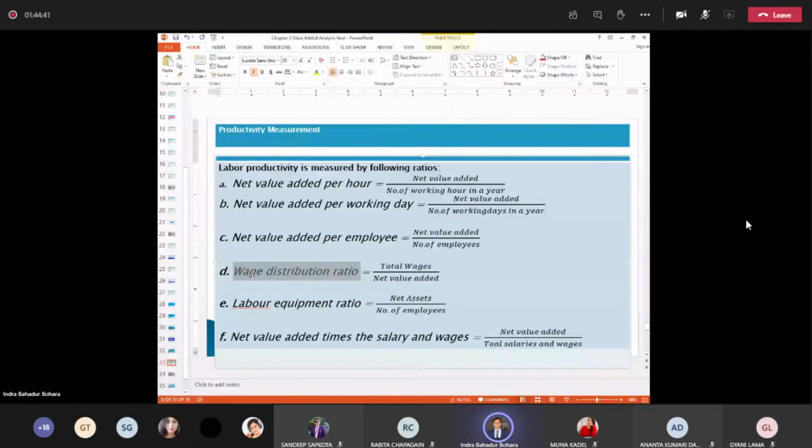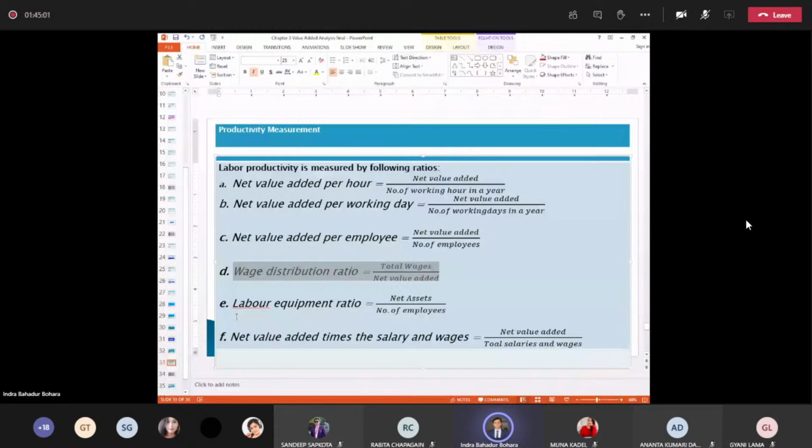And the last one, except E number, the last one: net value added, first factor, numerator, divided by salary and wages. It is net value added times salary and wage. Is it exactly the opposite of the wage distribution ratio of D number?